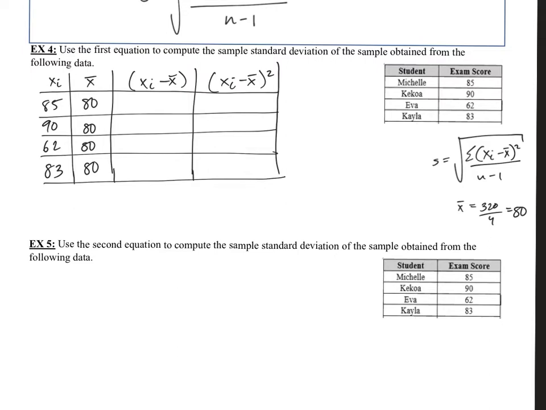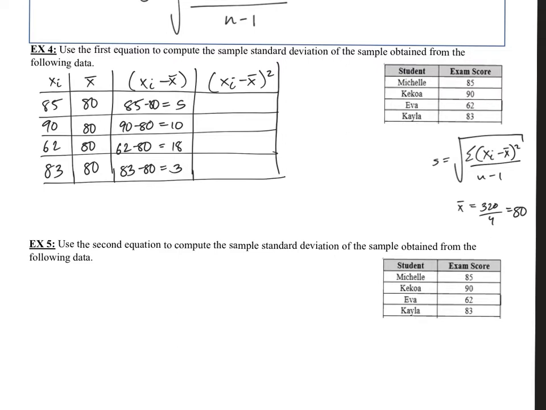And let's do computation. Xi, 85 minus 80, will be 5. 90 minus 80, 10. 62 minus 80, and then 83 minus 80. It's going to be 3, and that's going to be 18.